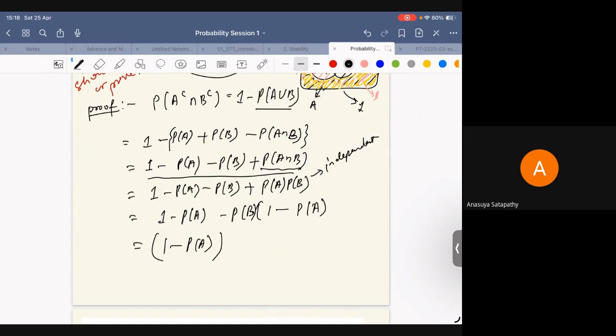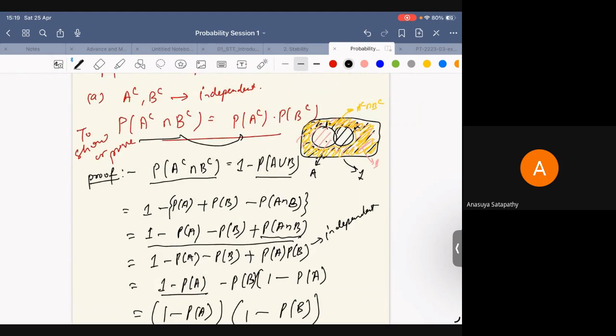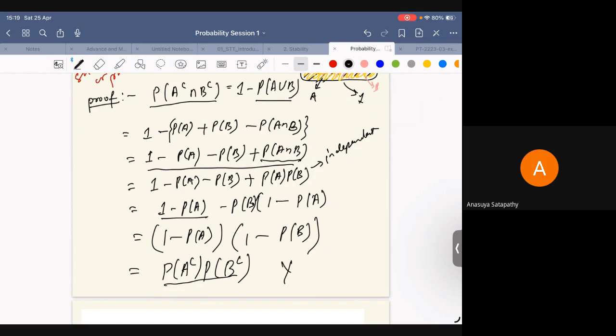So it will be this part, and this is 1 minus P of B, right? So what is 1 minus P of A? Imagine there is a set A. 1 minus P of A is P of A complement. Same with B, P of B complement. Now, did you prove that P of A complement intersection B complement is this? Are they independent? Yes, independent.